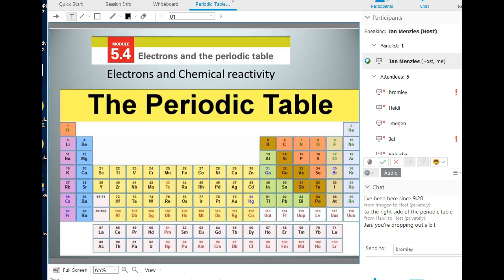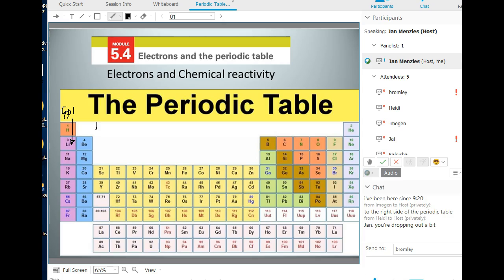So when you do those answers into the light book, you've got a whole heap of knowledge you've got to pull together. So when I see alkali metals, it means that I need to know that they're group 1. I also need to know that group 1 has 1 electron in the outer shell.